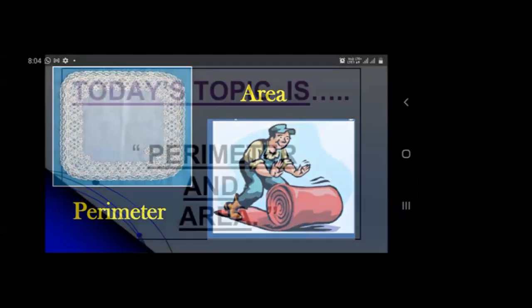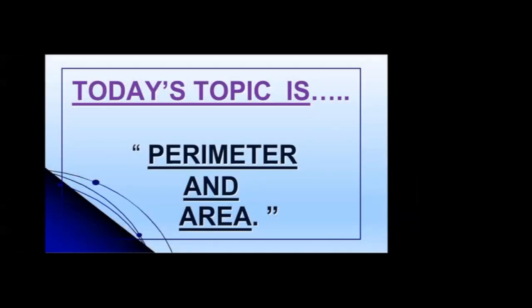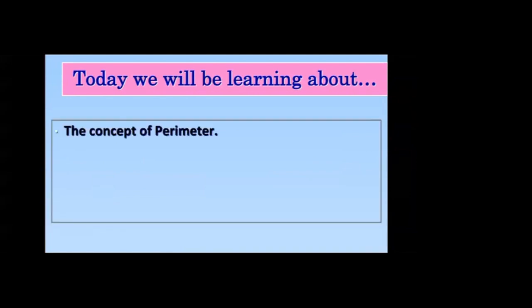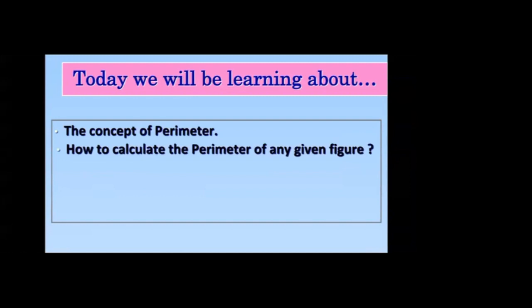So children, today our topic is perimeter and area. Today we are going to learn more about perimeter. We are going to learn the concept of perimeter in detail, and how to calculate the perimeter of any given figure. The figure might be a rectangle, a square, pentagon, octagon, or any other polygon.